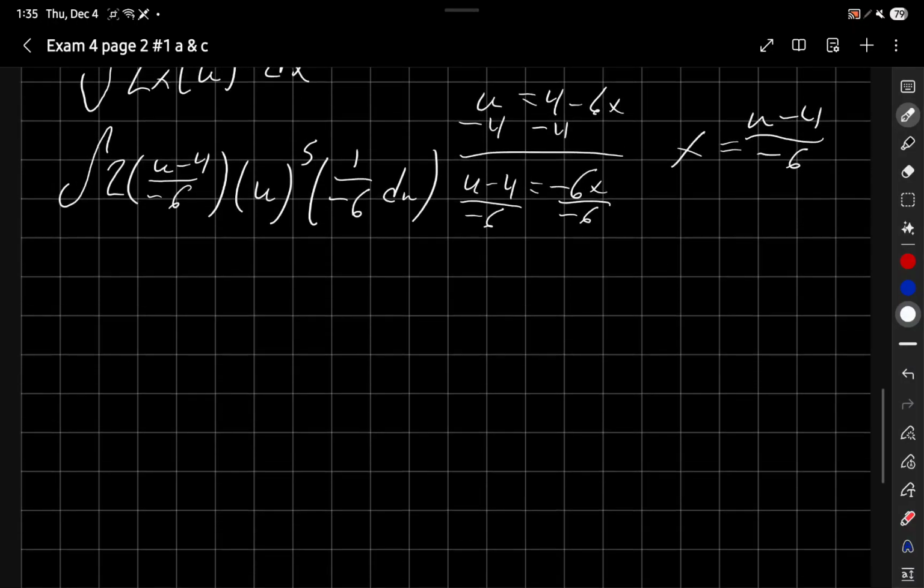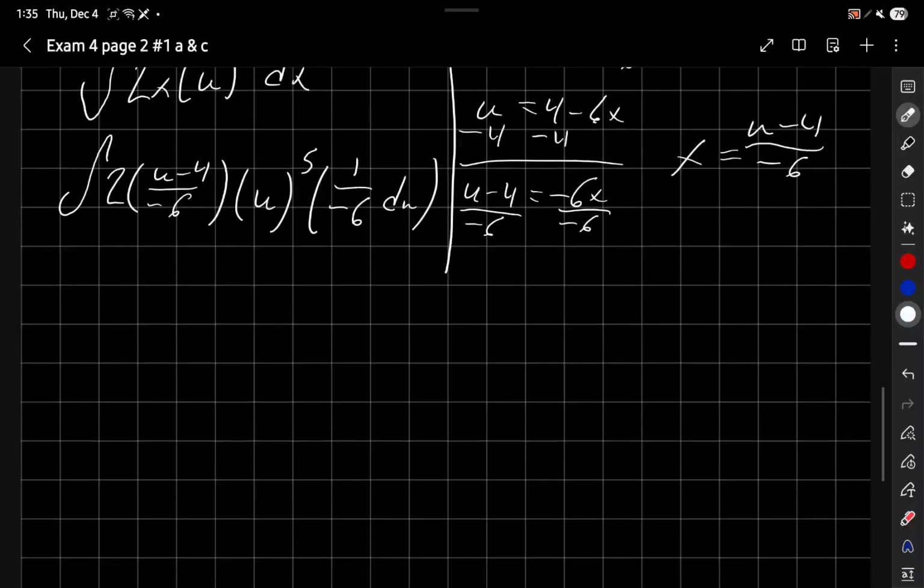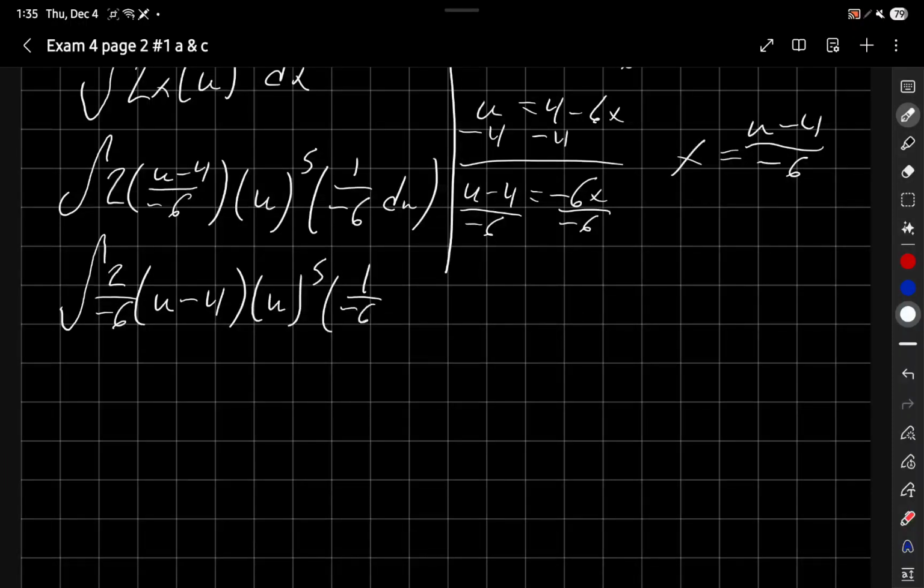And I'm going to rewrite this a little bit. I'm just going to move this out of the way, that way we can have 2 over negative 6 as our fraction. Just makes it a little bit easier. 2 over negative 6 times u minus 4 times u to the 5th times 1 over negative 6 du.